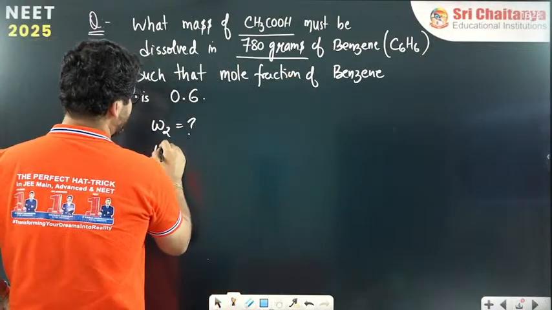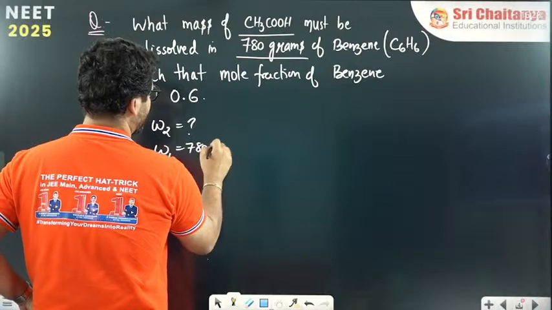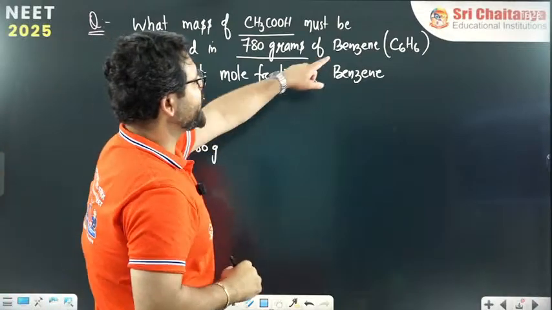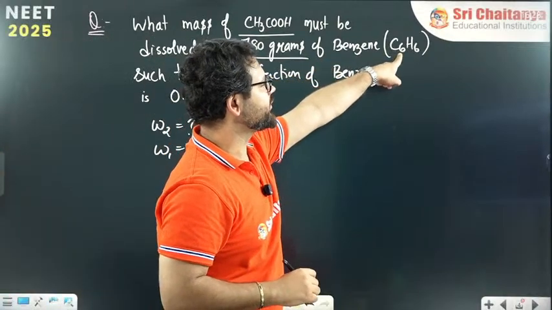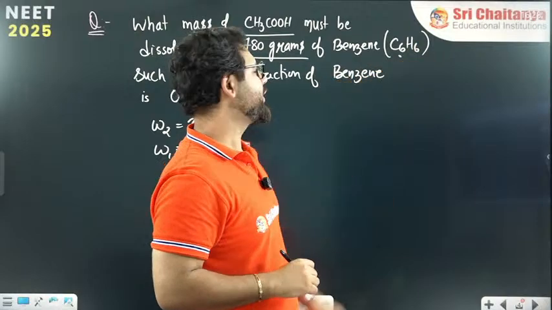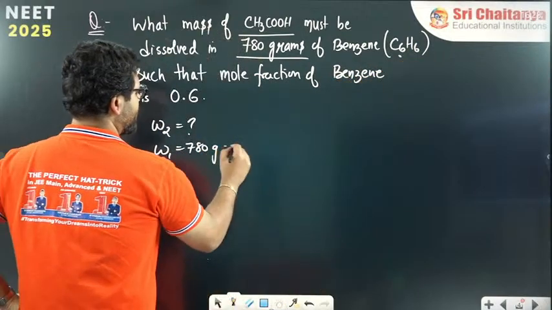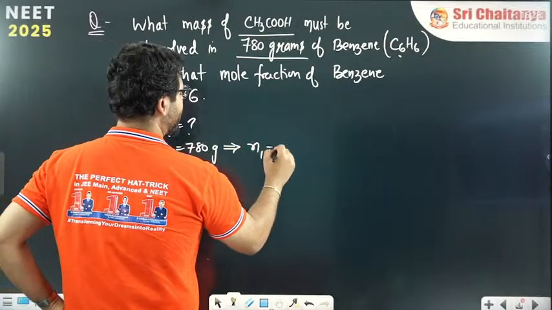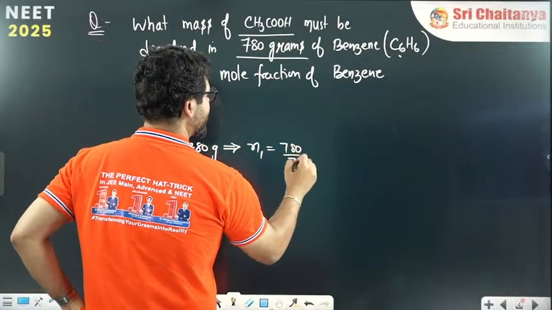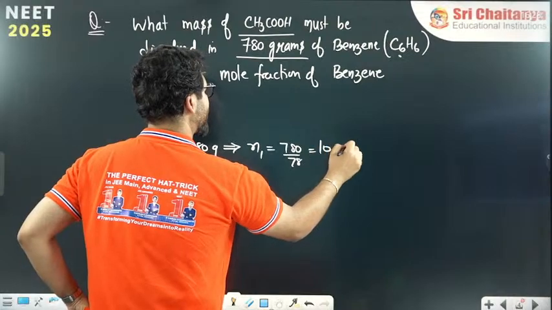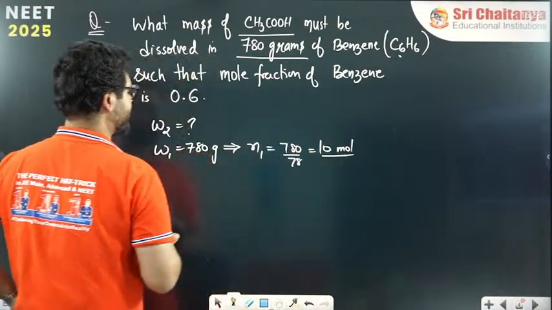So W1 is given, 780 gram. Beta, molar mass of benzene is 78. You can check: 6 times 12 is 72, plus 6 is 78. That means moles of solvent is 780 over 78, which is 10 moles. There is 10 mole benzene.